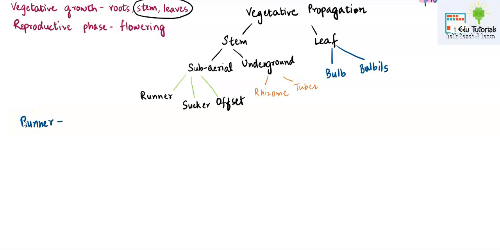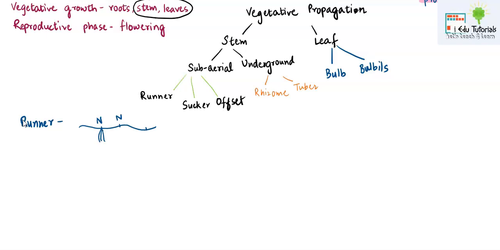Runners are the weak stems that lie prostrate to the ground. Prostrate means they will be lying on the floor, and you know that a stem is always differentiated into node and internode. Nodes are the places where branching occurs. Suppose this is one node, this is another node, and branching always occurs at the nodal position.